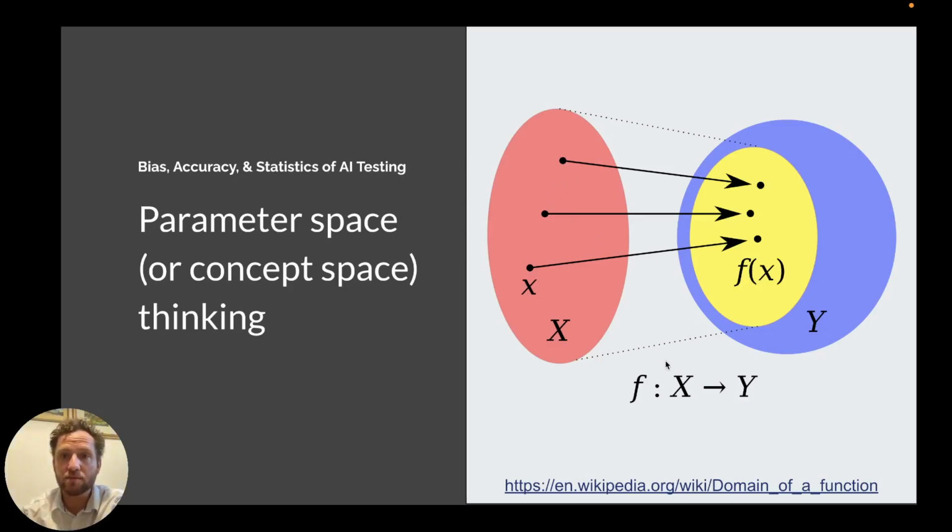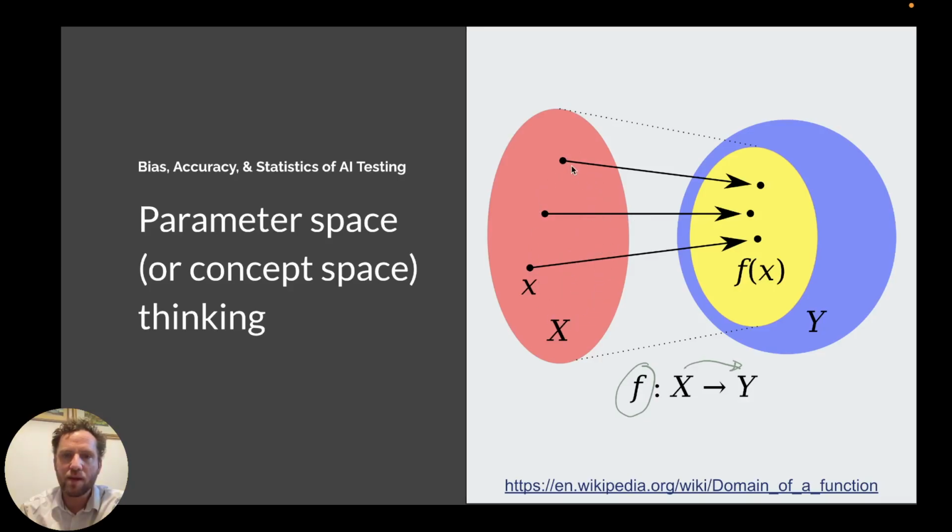You can think about a function as an algorithm, the way we've been using algorithm in this course. It's just something that will take a bunch of inputs and map them to outputs. So the parameter space, in the way I'm using it, is the space of possible values that x could take.